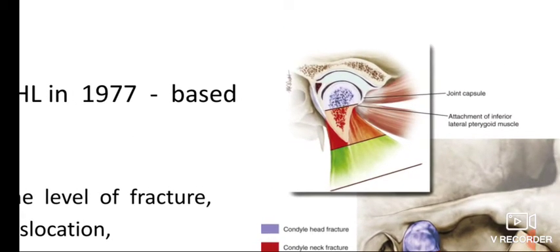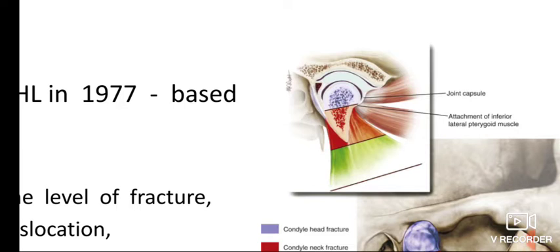One important anatomical aspect you need to know is that the lateral pterygoid muscle attaches into the condylar head region. It divides into a superior head and an inferior head. The superior head merges with the articulating disc. The inferior head attaches to the pterygoid fovea. Why I'm emphasizing this is that the displacement of the condylar fracture will depend on it.